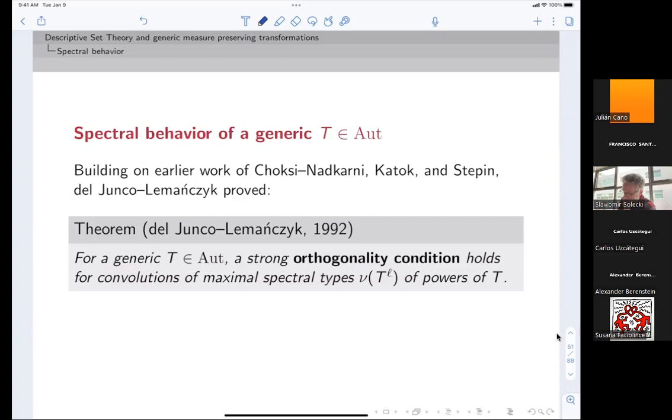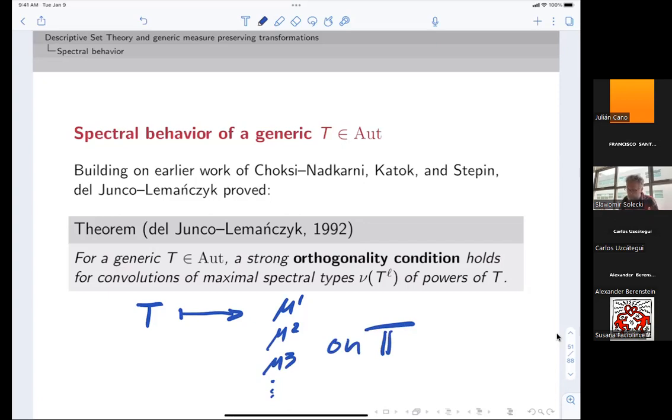So this is a sequence of several papers due to Choksi, Nadkarni, Katok, Stepin, and the last result was due to Del Junco and Lemańczyk in '92. And what's going on here is that to every T, one can assign a sequence of measures. And these measures are on a specific space, on the circle.